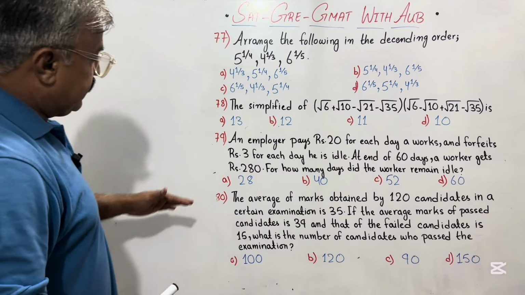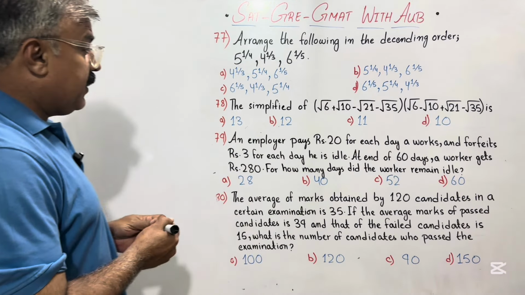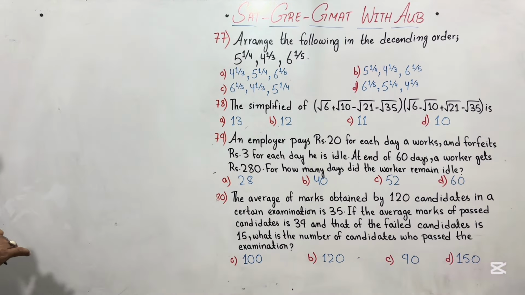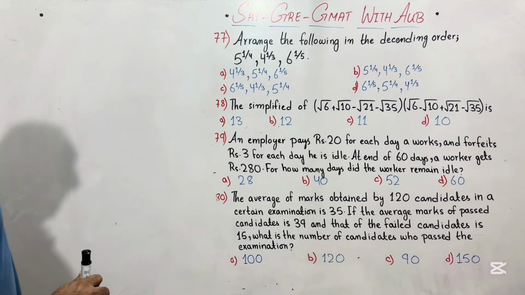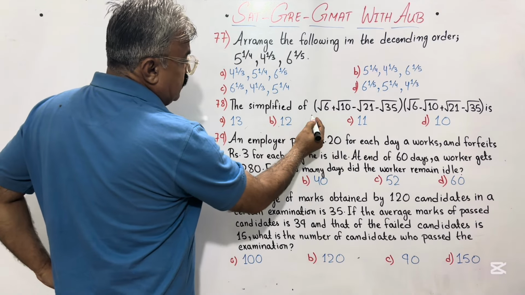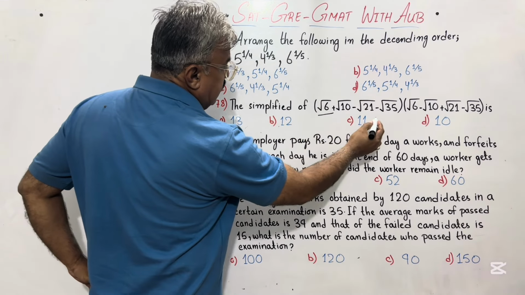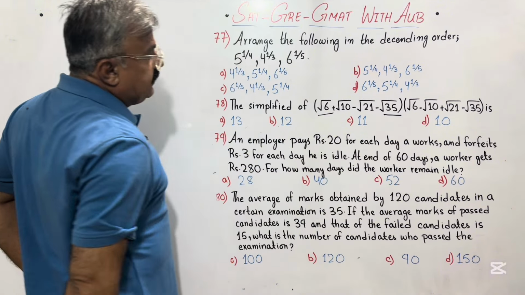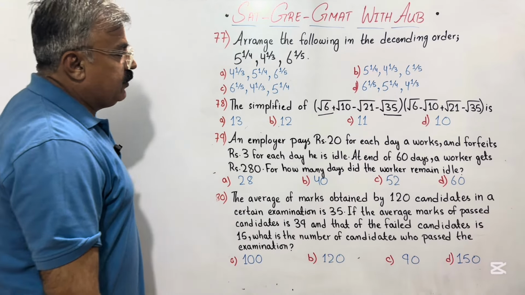If we are going to take the orthodox route, multiplying all 16 terms, we have to simplify. Look at this, √6 and √35 have the same symbol in both the brackets.